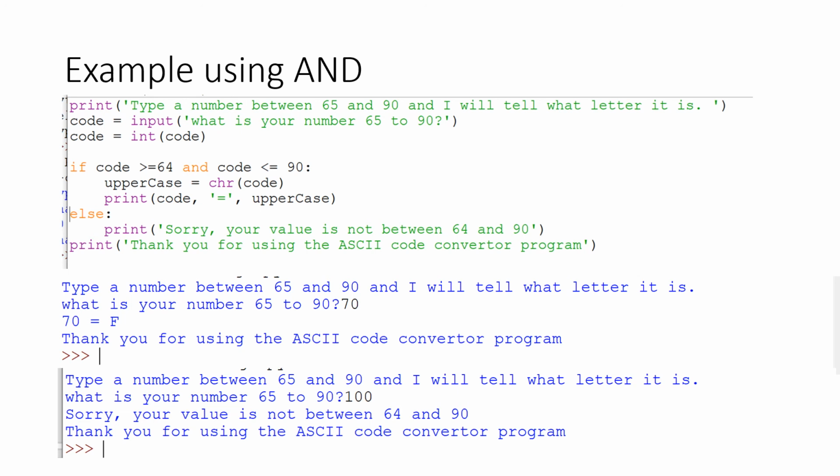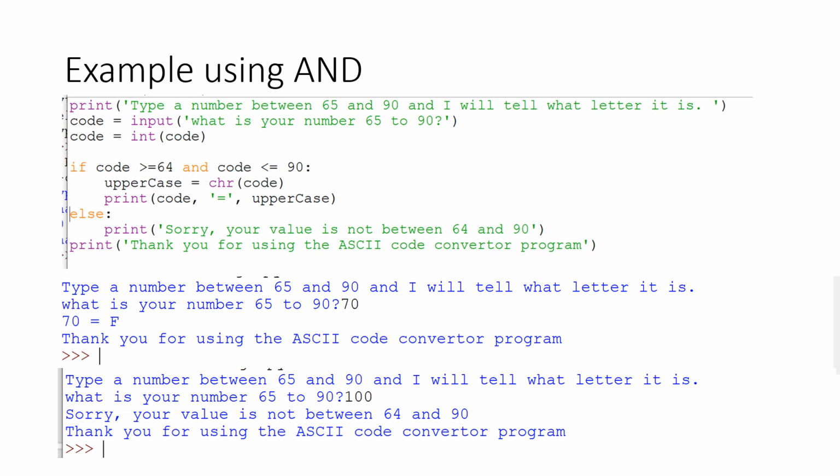So this is a program that has an if and an else using AND to connect two conditions in the if statement. So when we want to check if a value is within a certain range, we check if it is greater than or equal to the first value and at the same time less than or equal to the ending value.